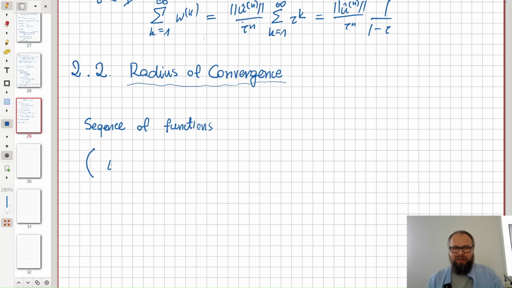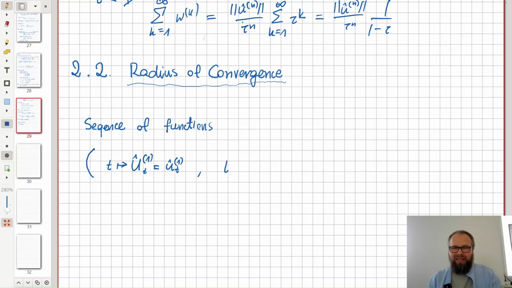Let's imagine that this is a function in time, and we will have t maps to capital U1(t), which is actually equal to the first term of our time-dependent series.